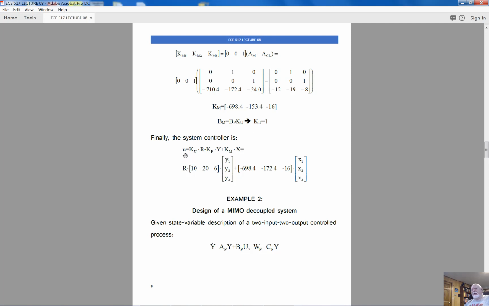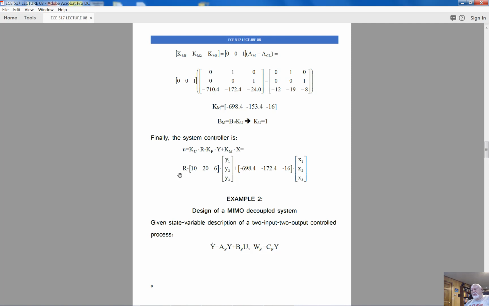Finally, the key issue is to show the control law for our system. Look at the control law. This control law is Ku times the reference, whatever the reference signal is, minus Kp times the state vector of the control plant, plus Km times state vector of the reference model.